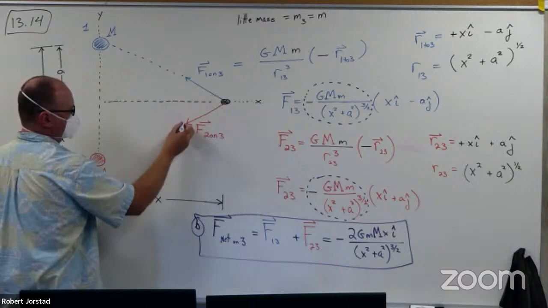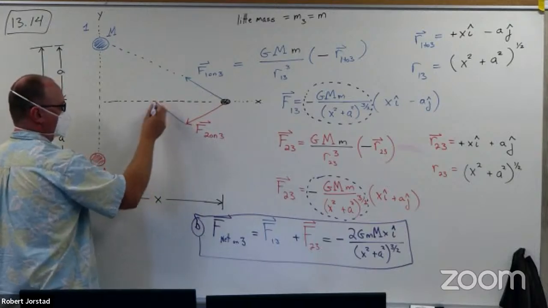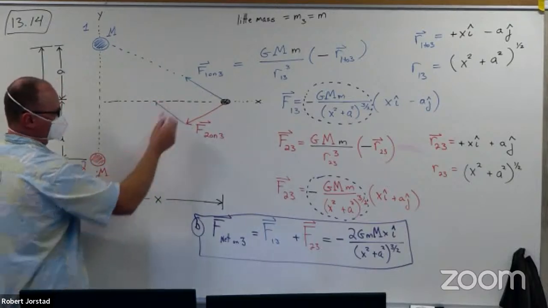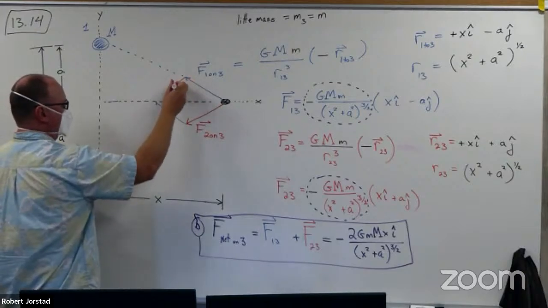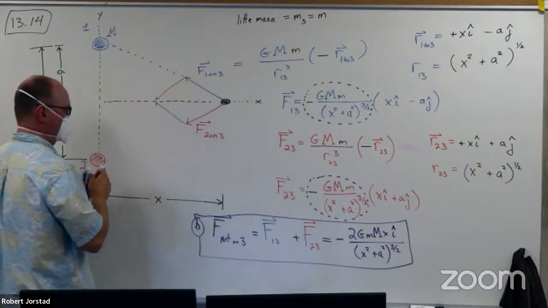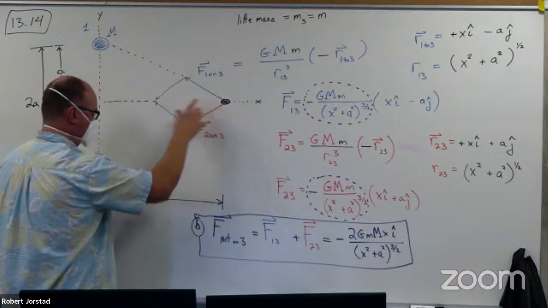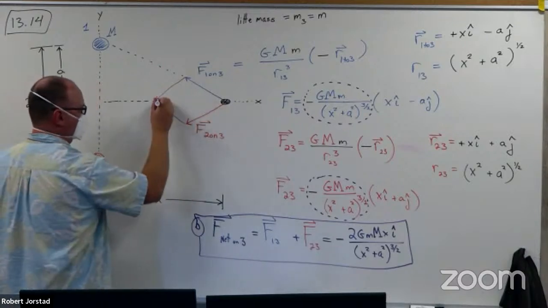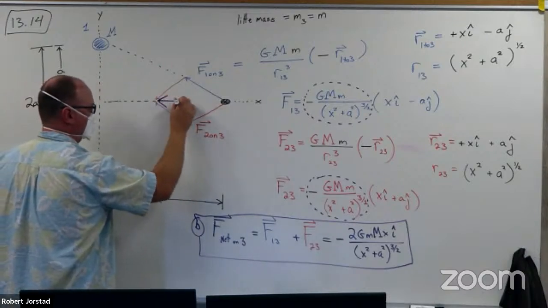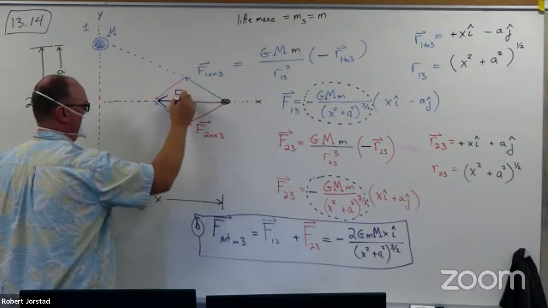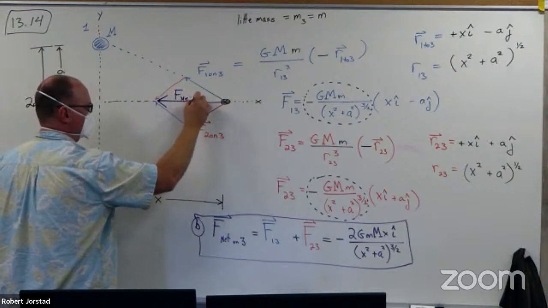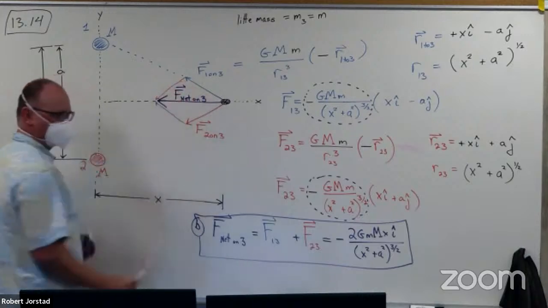Tail to tip, tail to tip. Or I could do it the other way, tail to tip, tail to tip. From experience, I know the net force points this way, agree?